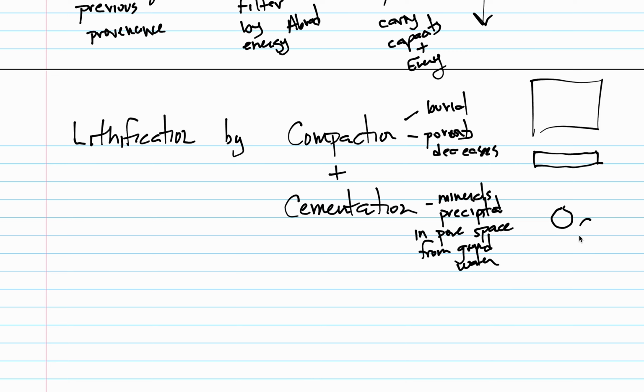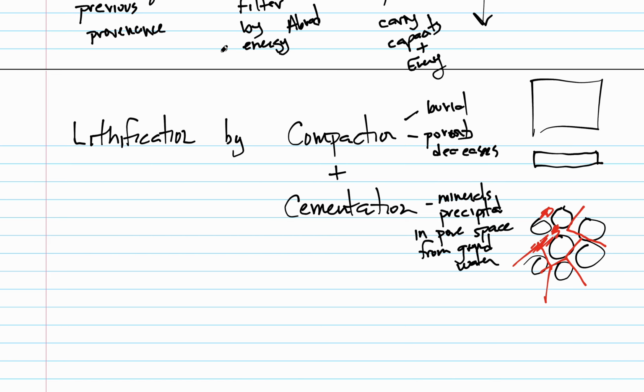If we had a bunch of sand grains loosely held together and water flowed through, it could later precipitate a mineral in this pore space, sometimes making beautiful interlocking crystals that hold that rock together.